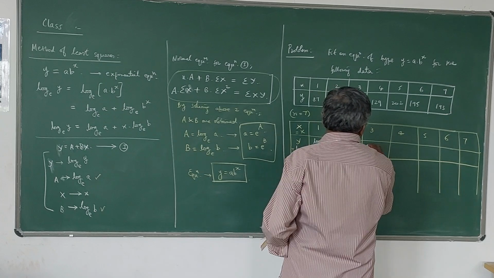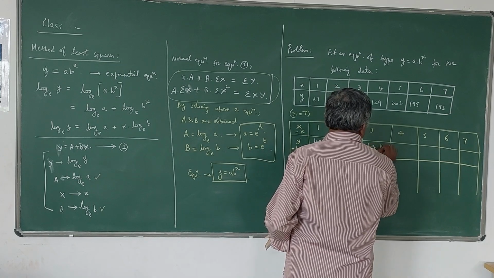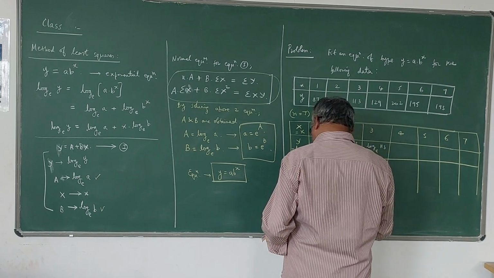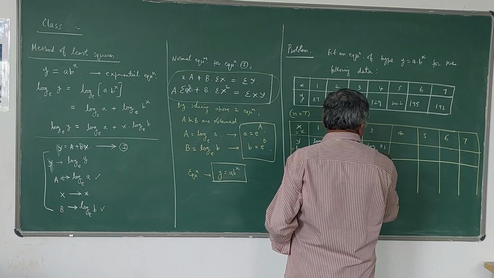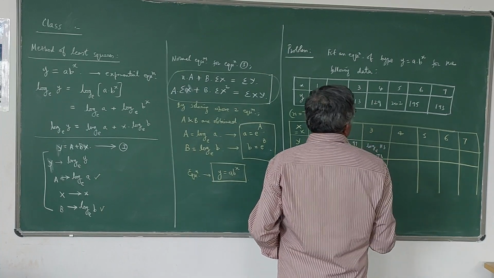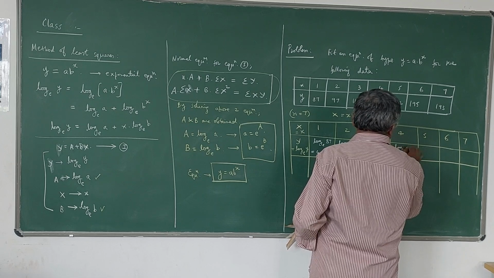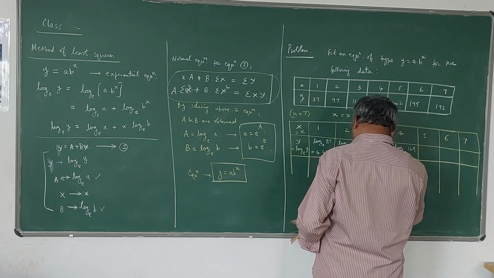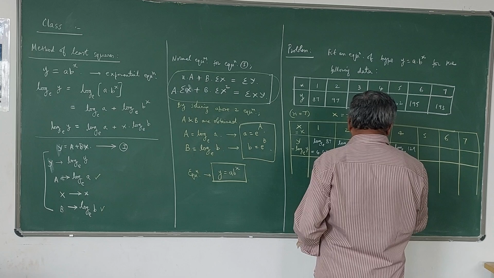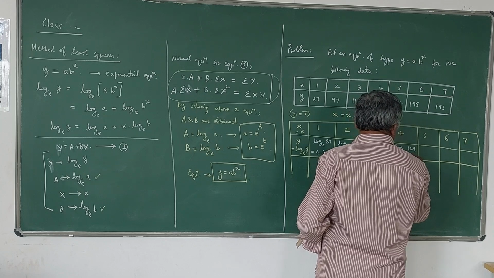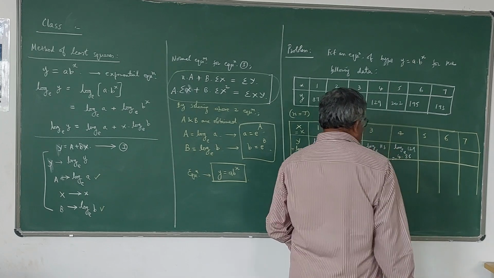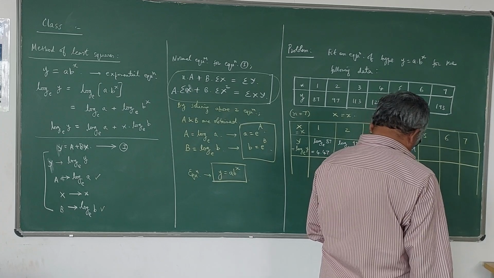Then log 113 to the base e is 4.73. And if x is equal to 4, capital Y will be log 129 to the base e, which is 4.86. As y increases, the logarithm of that value also increases.